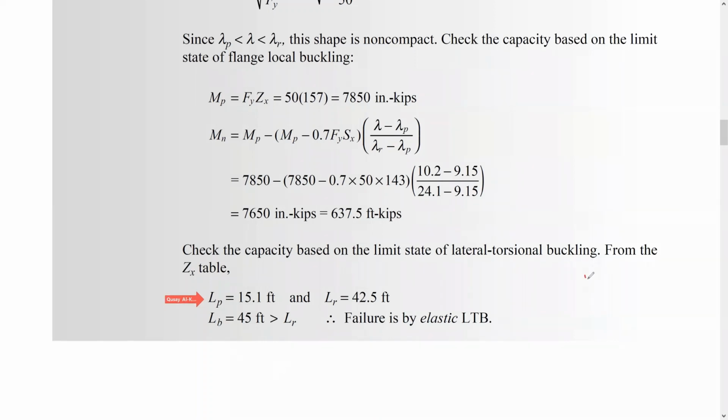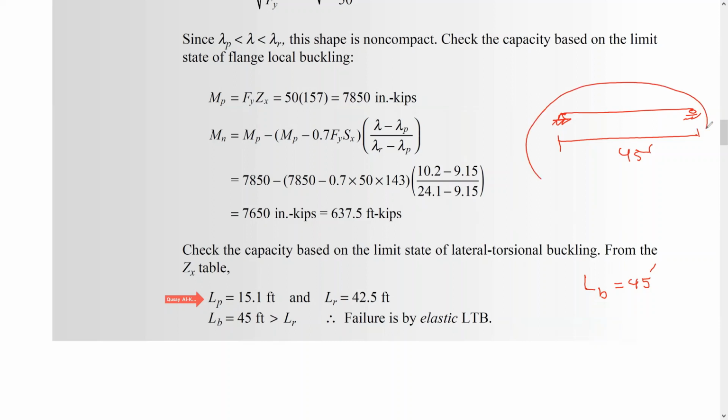Right now, let's make a comparison. If you remember, the unbraced length is 45 foot here. And why is it 45? Because it's mentioned in the problem statement that it is a simply supported beam, supported laterally at its ends, and the length is 45 foot. So this one is the unbraced length, okay? And this one is greater than Lr, which is 42.5 foot.